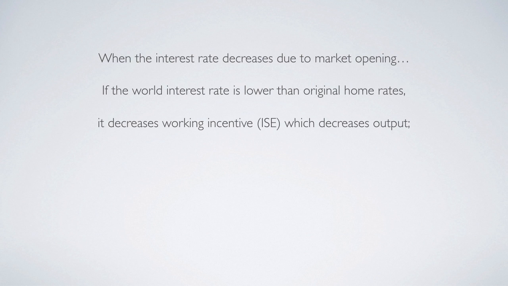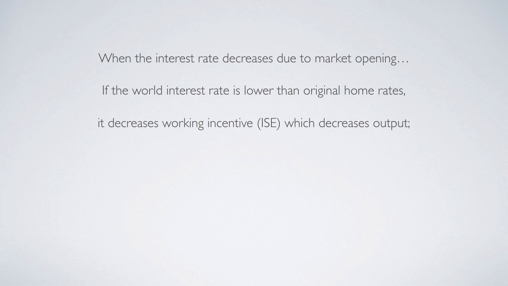So in summary, when interest rate decreases due to market opening, if the world interest rate is lower than the original home rate, the first thing it would do is decrease working incentive, because saving is not a good deal. So why should we work hard now for saving?